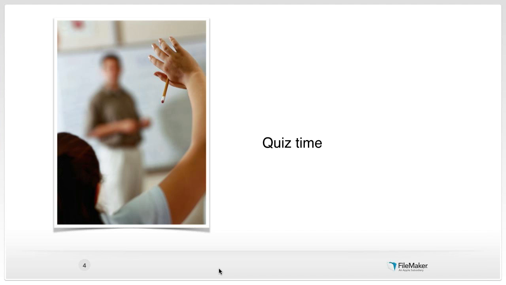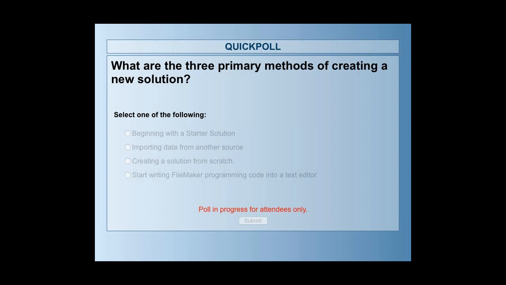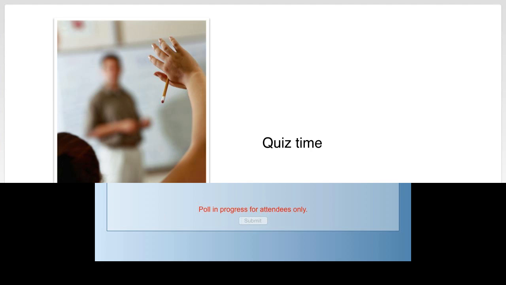So let's do a quick quiz just to go over that getting started part. If you wouldn't mind answering the question, what are the three primary methods for creating a new solution?